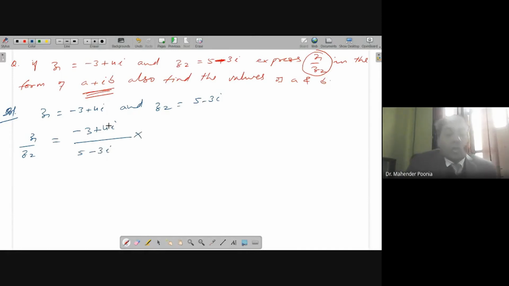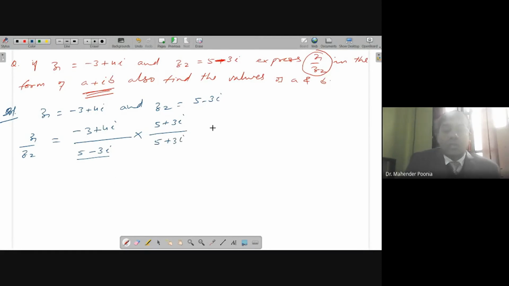Now, numerator is minus 3 plus 4 iota, denominator is 5 minus 3 iota. So, in the solution of complex numbers, if there is an imaginary number in the denominator, we have to rationalize the denominator. So, we multiply by 5 plus 3 iota and divide by 5 plus 3 iota.